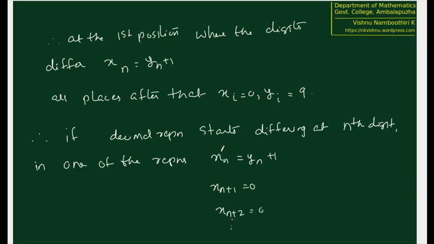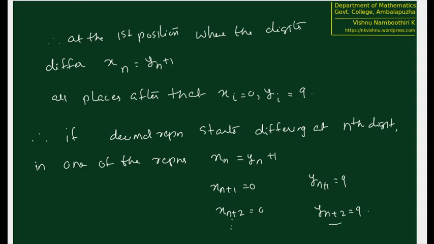That basically means that this first representation, which has digits x1, x2, etc., terminates at n. So there is no more going further. So yn plus 1 equals 9, yn plus 2 equals 9, etc.